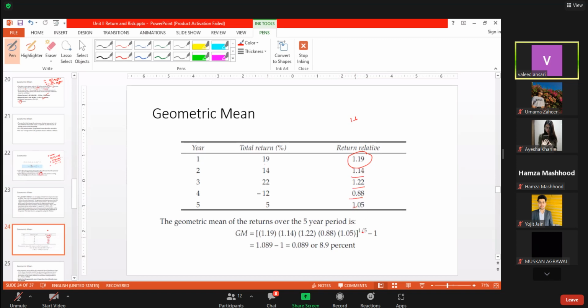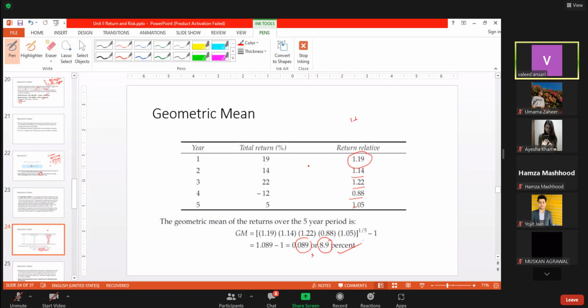And then we are taking the fifth root of this, which will be 1.089, that is, the 1 rupee, let us say, invested has grown to this. So if you want to find out the return, it will be 0.089, or in other words, if you multiply by 100, you will get the return during this period as 8.9%.